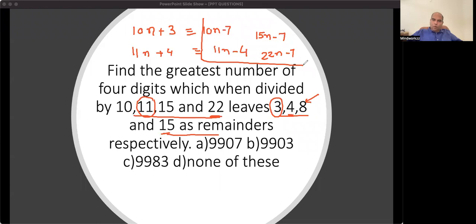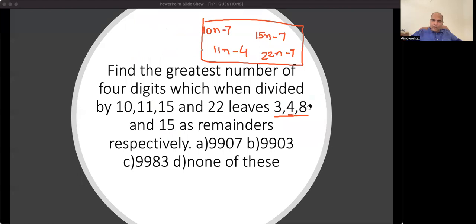So these are the 4 kinds of numbers you're looking for. You're looking at one number which has got all these 4 properties. That means it should be 10n minus 7, 11n minus 4, 15n minus 7, and also 22n minus 7.